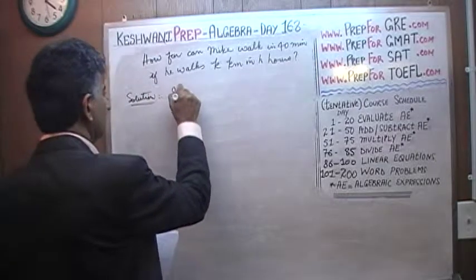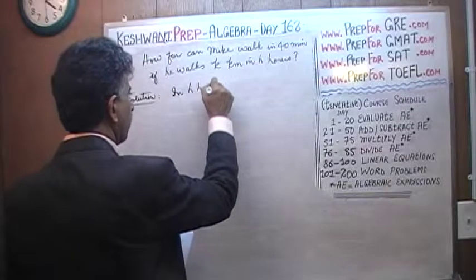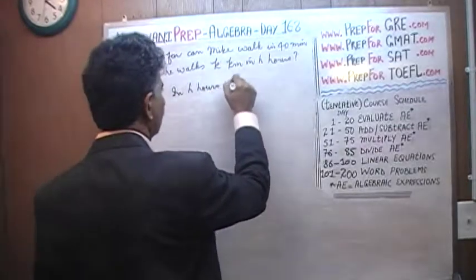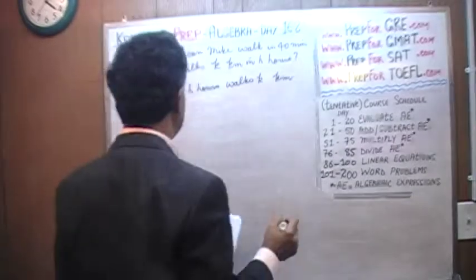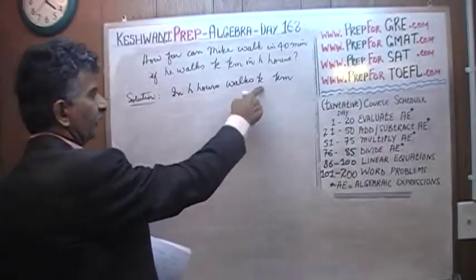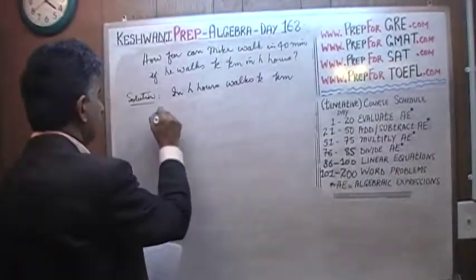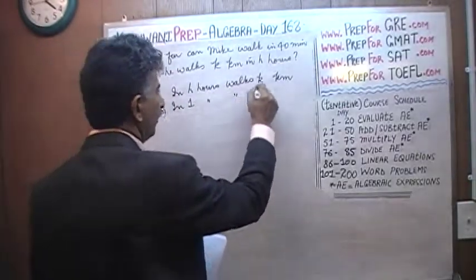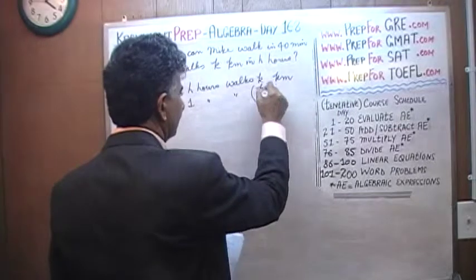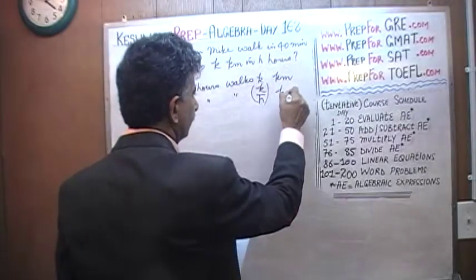We are told that in h hours he walks k kilometers. Well, if in h hours he walks k kilometers, then that implies that in 1 hour he should be able to walk k over h kilometers.